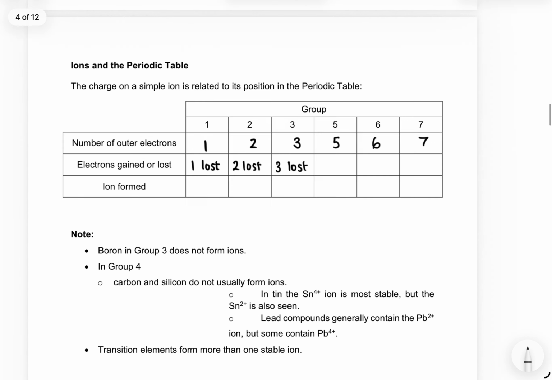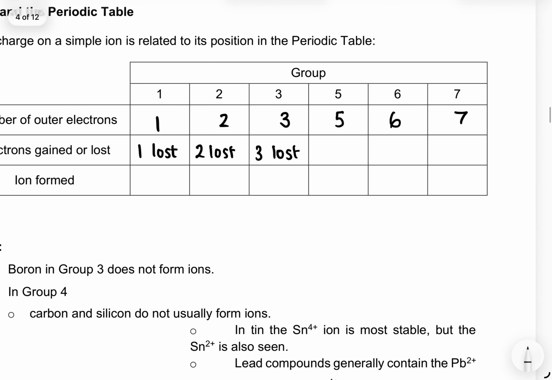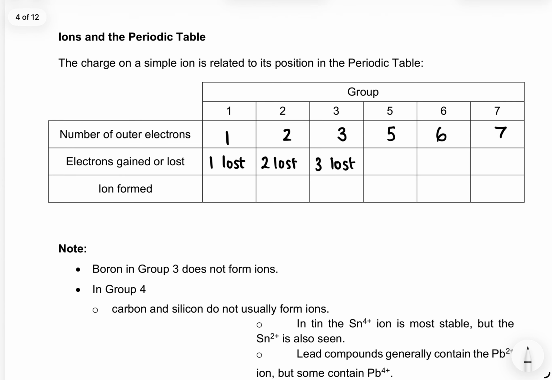Because groups 1, 2 and 3 would represent where we would find the metals in the periodic table, whereas groups 5, 6 and 7 would be non-metals. So group 5 would gain 3 to get to 8. Group 6 would gain 2 to get to 8, and group 7 would gain 1 to get to 8.